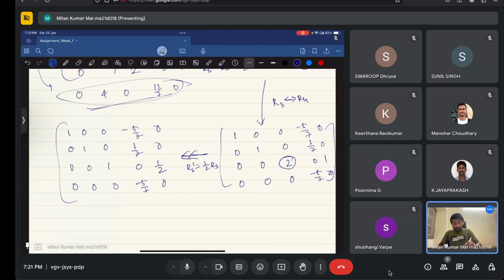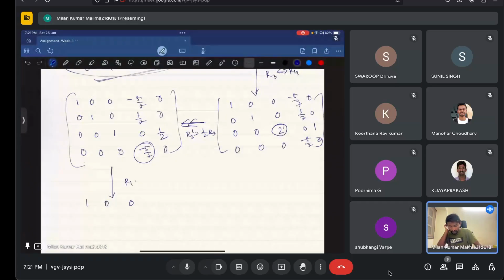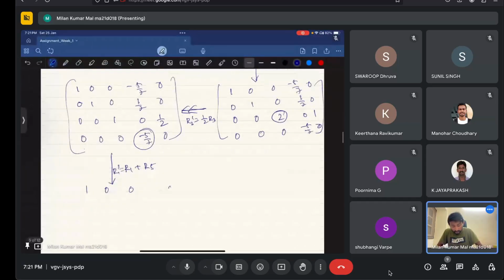And in the fourth row, the last non-zero entry is this, so I want to make it 1 here. We just need to multiply by a suitable number. Let's do the first thing: R1 minus R5, because it is minus 5 by 7 here and minus 5 by 7 here.